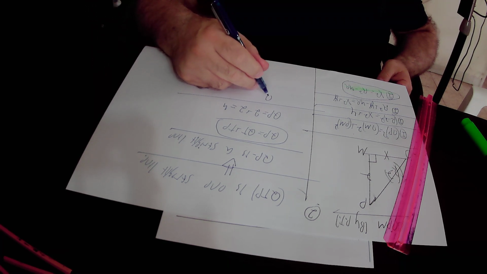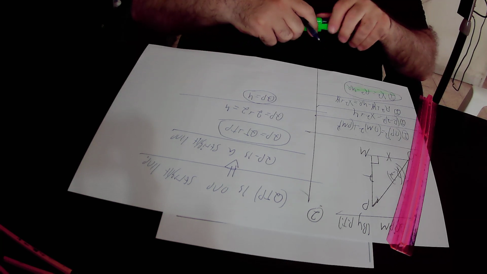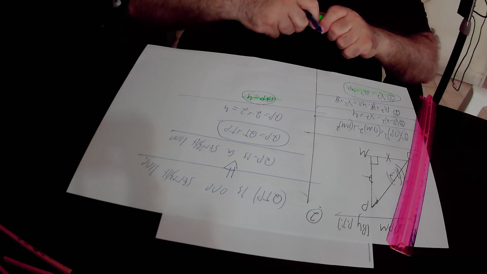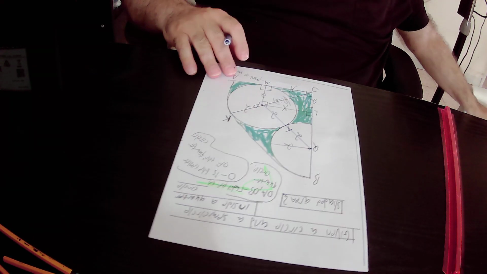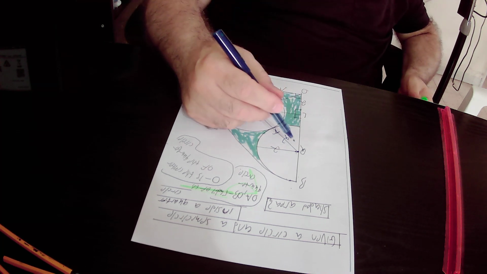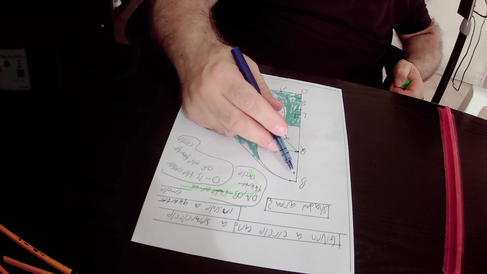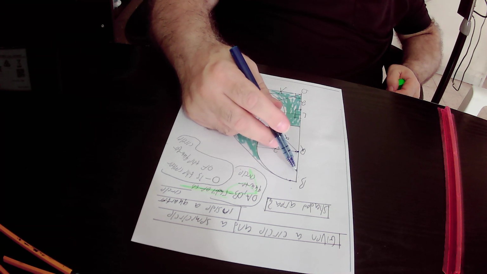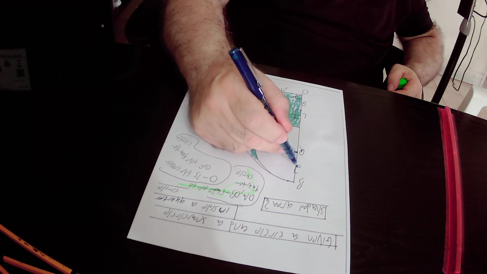So, here, QP equals 4 units. And here, point Q is the center of the semicircle. Point B is a point on the semicircle itself. That is to say, QB is the radius of the semicircle that is equal to 2 units.